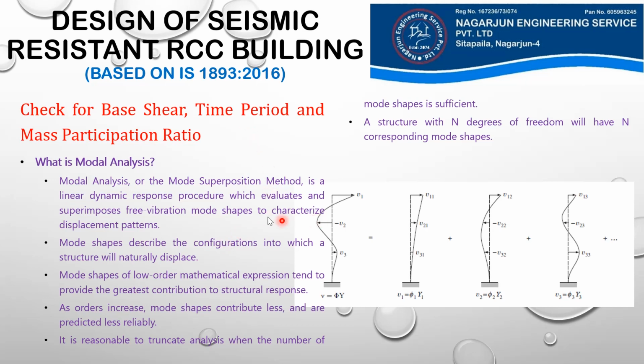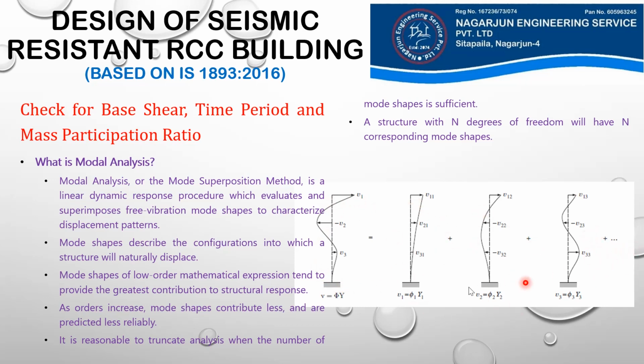A mode shape of a structure is its deflected shape. So modal analysis is used to evaluate and superimpose free vibration mode shapes to characterize displacement patterns. Mode shapes describe the configurations into which a structure will naturally displace. If you see on the right-hand side, there is a diagram, and we can see different mode shapes of our structure.